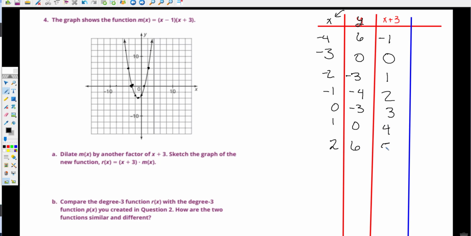So now we're going to take and find the product. So negative 6, 0, negative 3, negative 8, negative 9, 0, 30. Then we're going to graph your x, comma, your y.